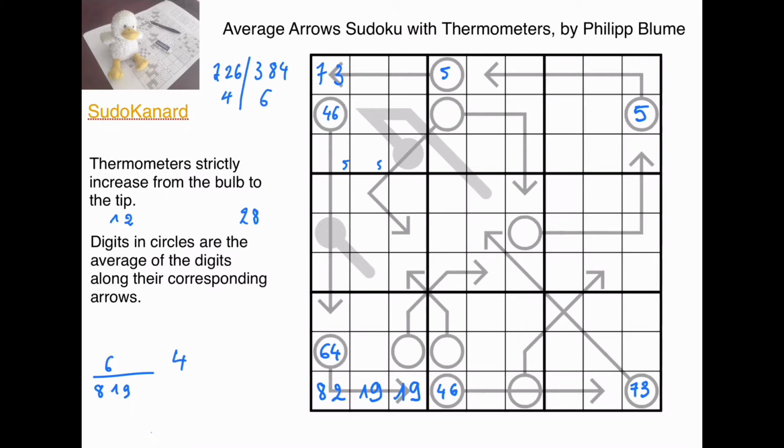Maybe I should look at this. This is the average of 4 values. It won't be 5. It could still be 4 or 6, but could probably be something else. Would 3 work?